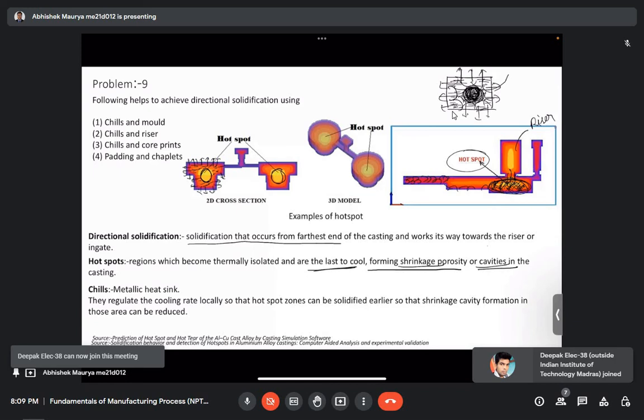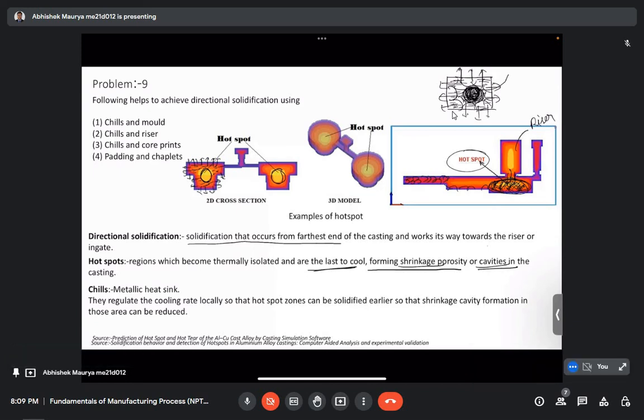So the first strategy is to avoid the shrinkage cavity or the cracks by putting the riser at the appropriate location, in order to achieve directional solidification. But sometimes this is not possible to achieve.